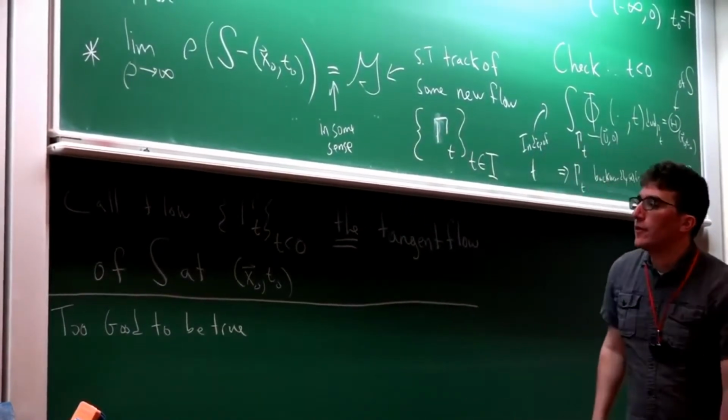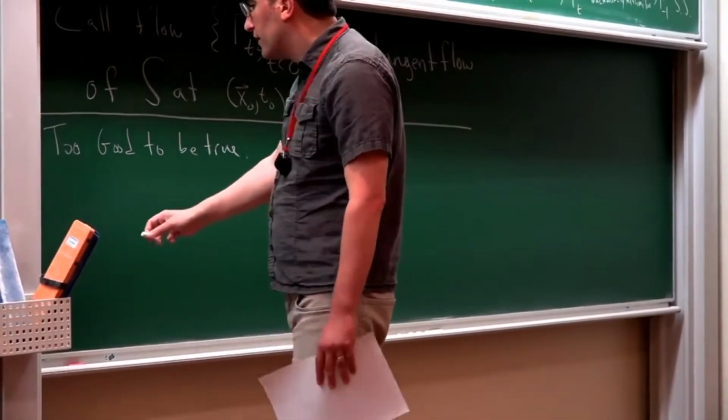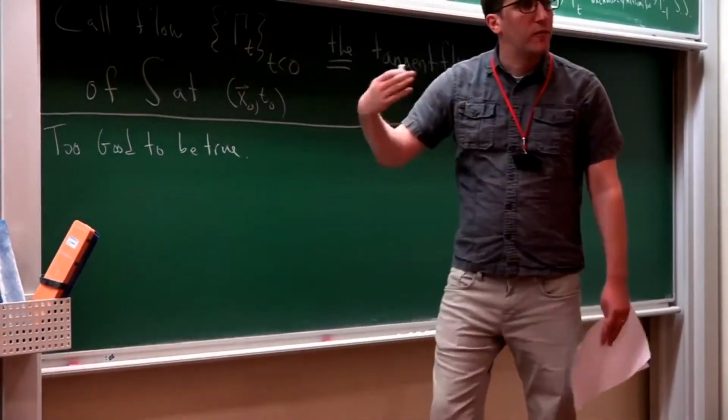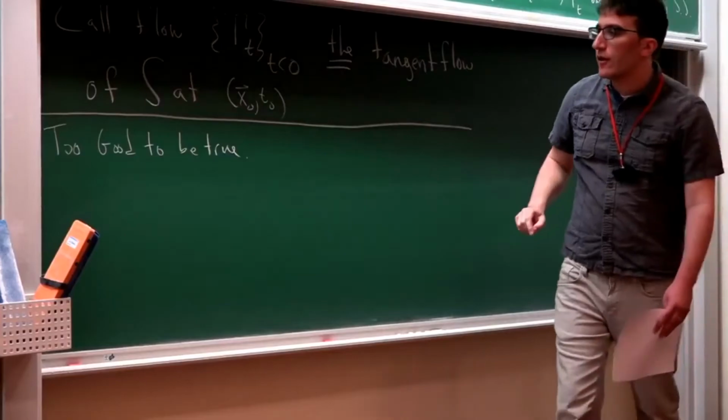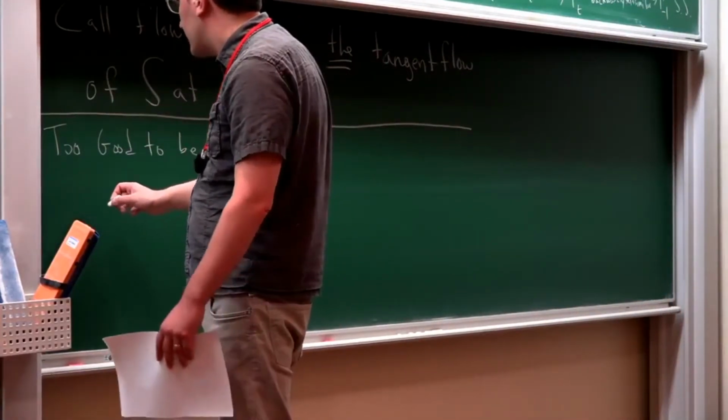So what often happens is instead that you can assert that for any sequence, there is a subsequence so that this limit converges. The point is there's usually some compactness theory.